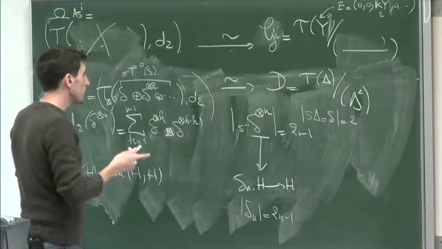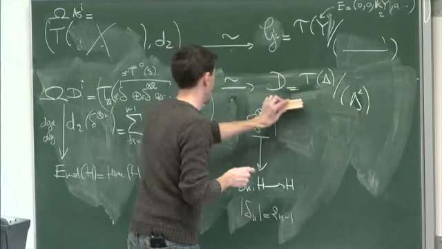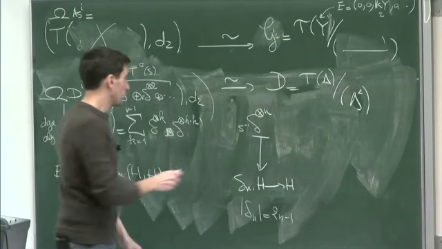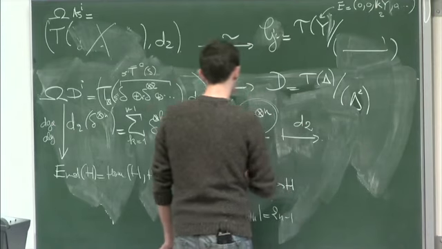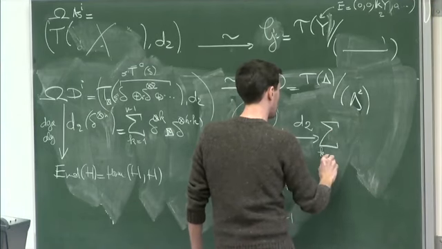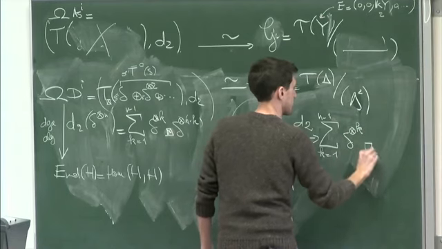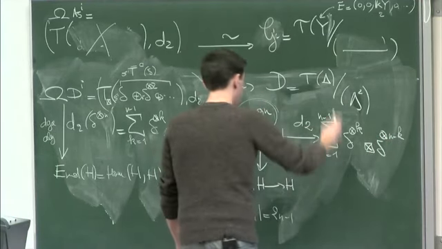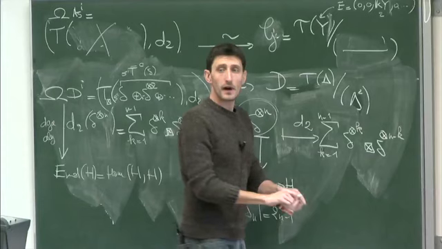Then, what kind of relation do they satisfy? So now I have to check that they commute with the boundary map. So I have to apply to such elements delta 2. Let me drop the s minus 1. So up to signs, I know I'm right. Okay. And then you look at the image of that element under the morphism of algebras.